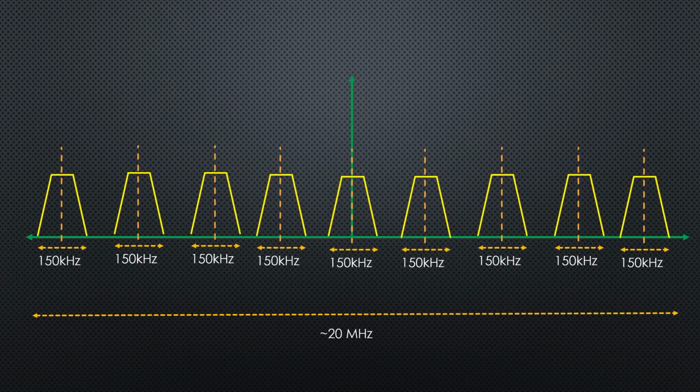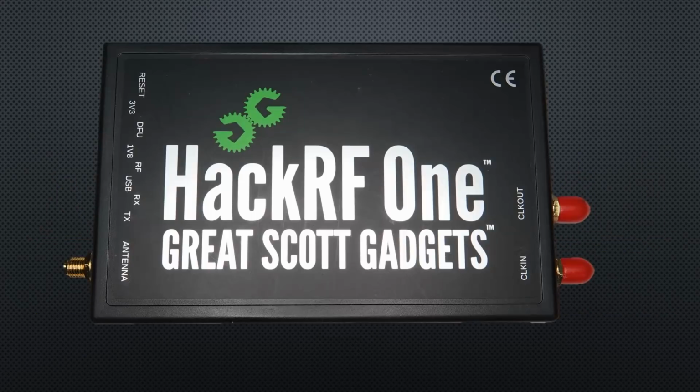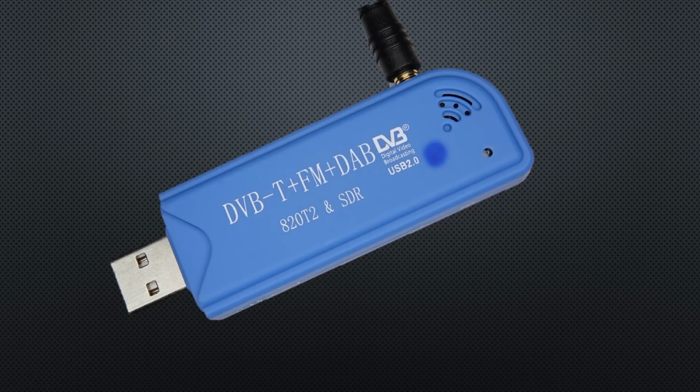But is this possible? Yes, it is. The ADCs of this HackRF1, for example, are capable of generating an IQ signal of 20 MHz. And this $10 RTL SDR dongle still covers a few stations because it is capable of making IQ signals with 2 MHz bandwidth.